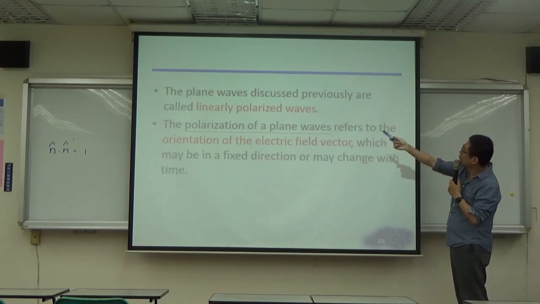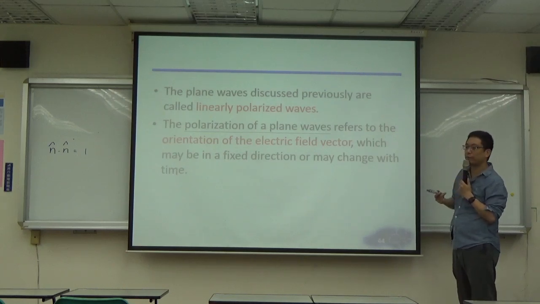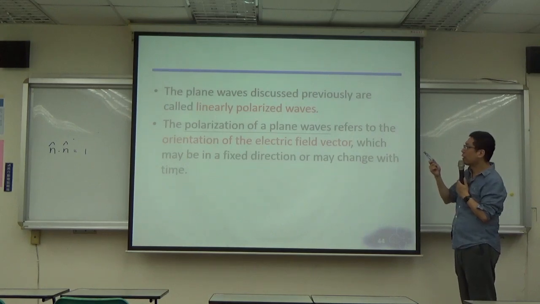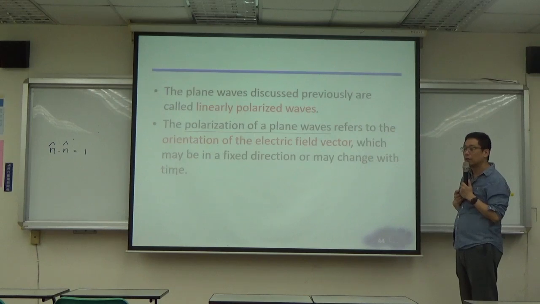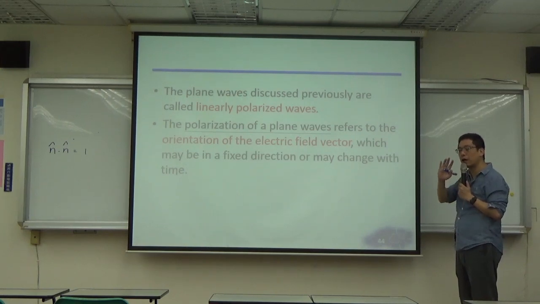If the wave discussed previously, the electric field, is a linear polarization. In other words, linear polarization means I have independent electric fields in independent directions, but the phase of these directions is the same.